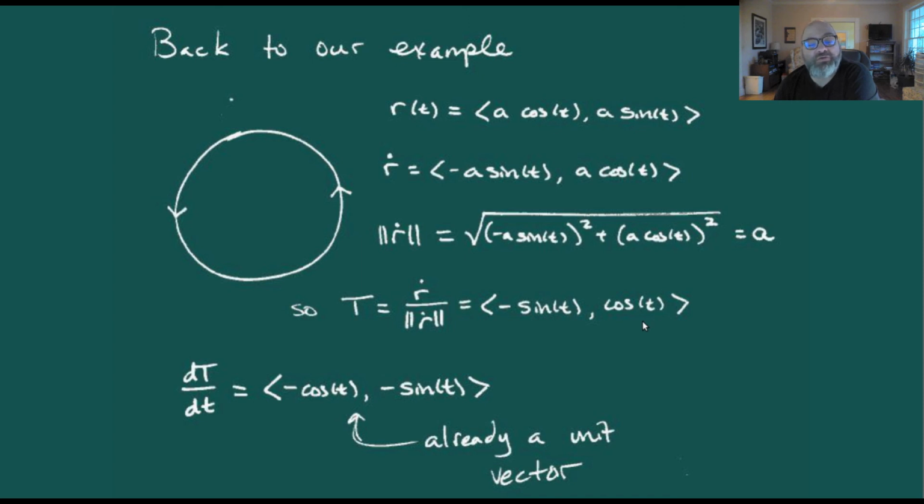So if we take the derivative of this with respect to our parameter t, we get minus cosine, minus sine. Well, here we're in luck because this is already a unit vector. So we don't need to normalize, if we look at the length of that thing.